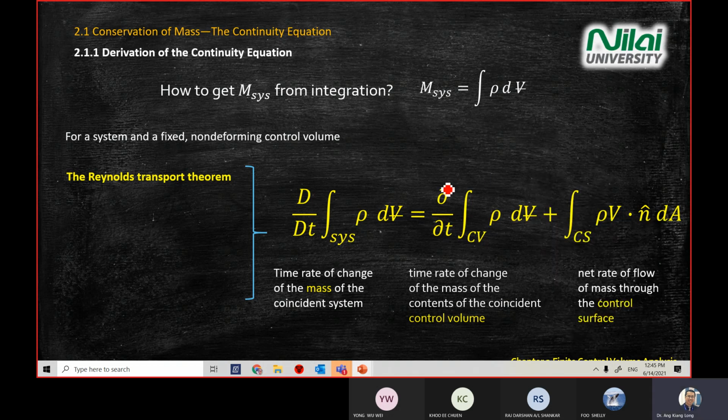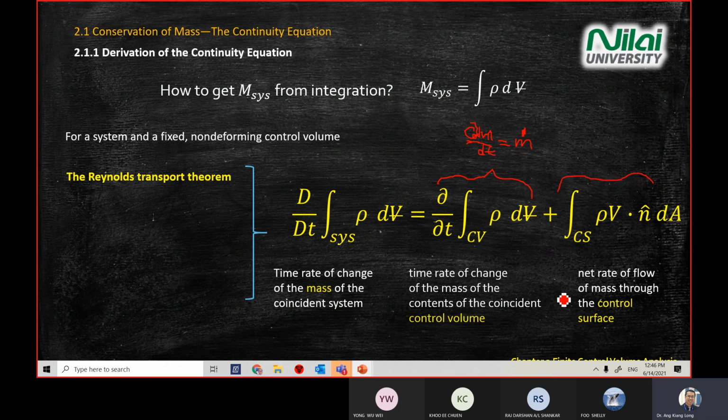Just to help you memorize this idea, this is dm, because rho times volume gives mass, divided by dt. Maybe in another module you have seen this symbol before. m dot is the mass flow rate. Mass flow rate for control volume. Always link mass flow rate with control volume.